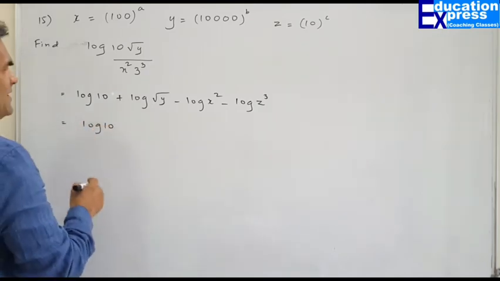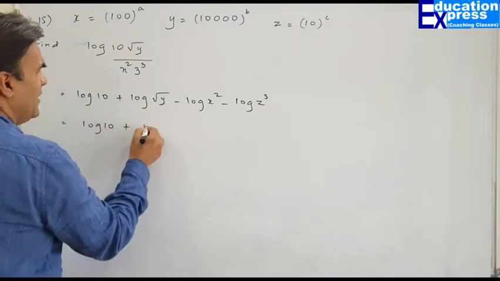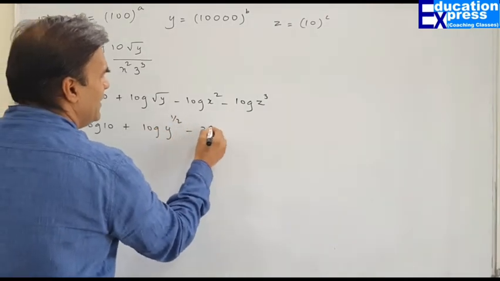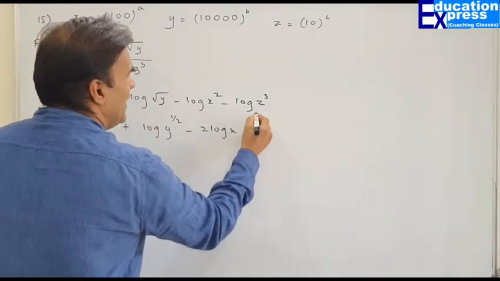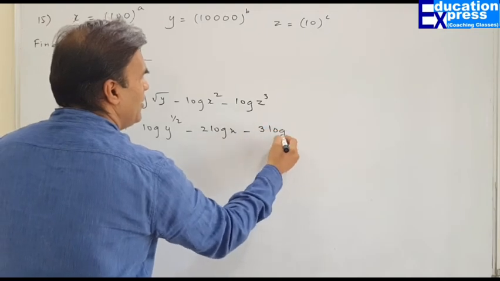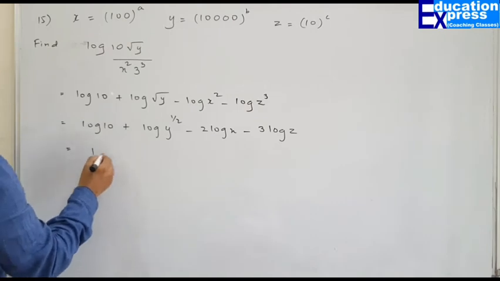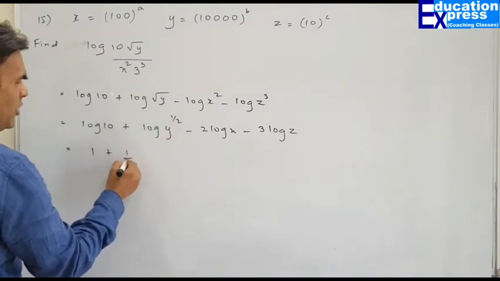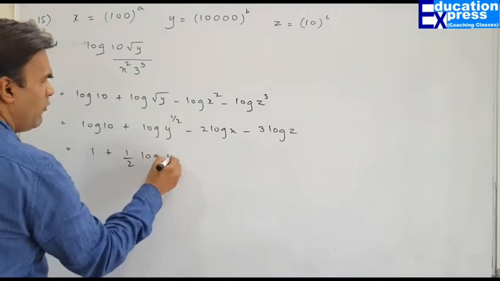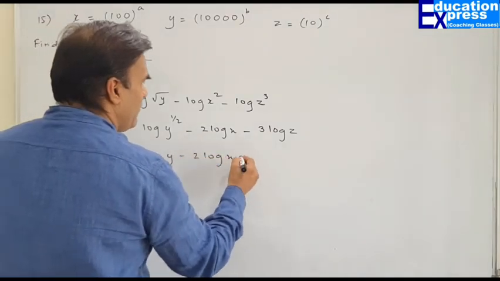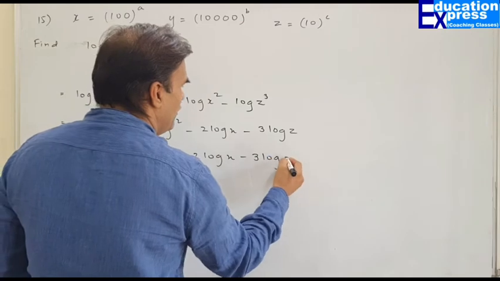Log 10 will remain as it is. This can be written as log of y raised to half. This can be written as 2 log x, and this can be written as 3 log z. Since we know the value of log of 10 is 1, this half can be brought over here, log of y, minus 2 times log of x, minus 3 times log of z.